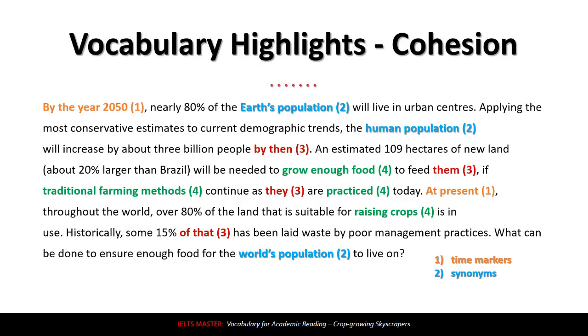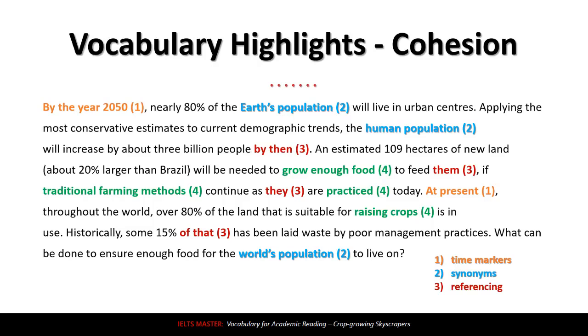Number 3, by then, them, they, of that. These are all referencing or references. So they're going to something before. For example, the first one, by then. When is by then? Well, it means by the year 2050. Or them. Who is them?